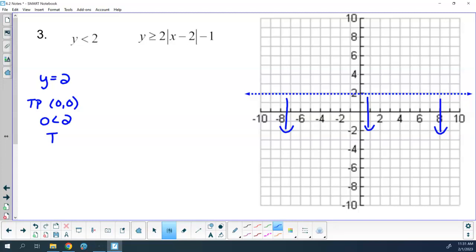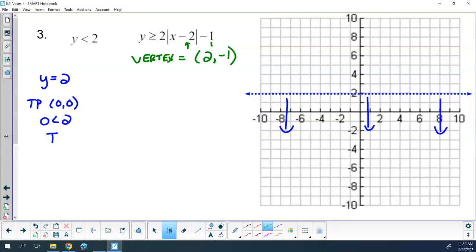What shape is an absolute value graph? The V. Okay? So the vertex of that V is going to be at the point 2, comma, -1. I think opposite with the X value.